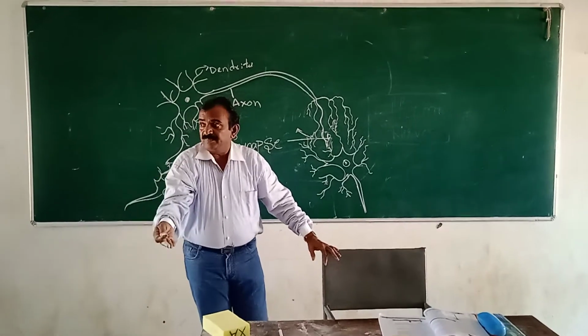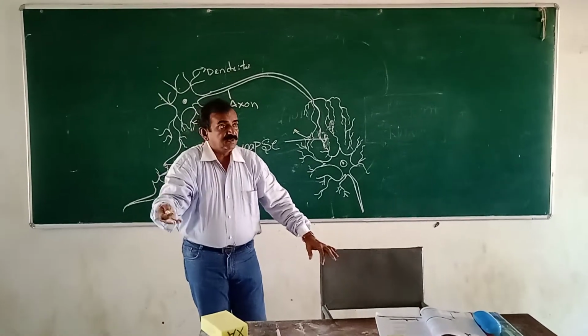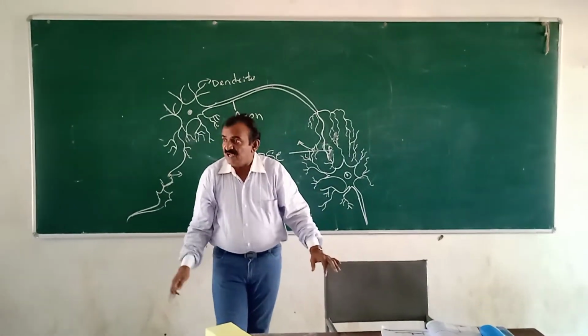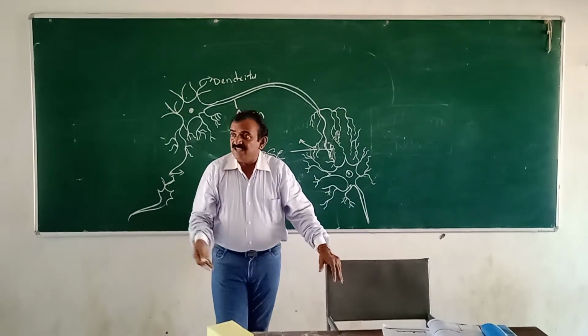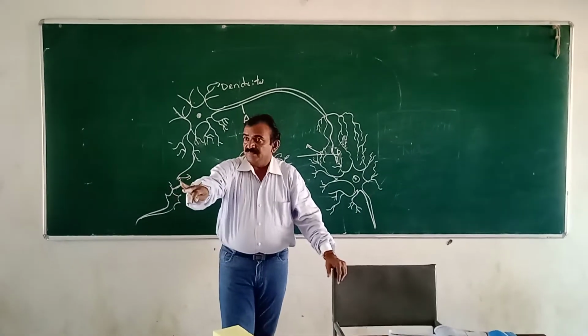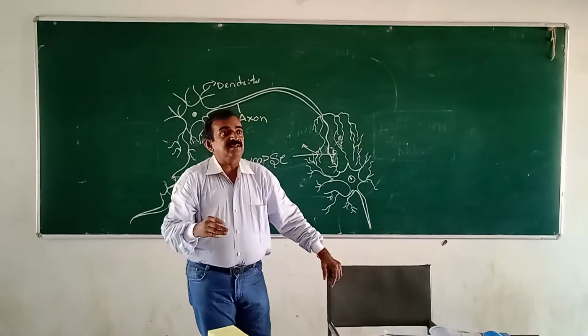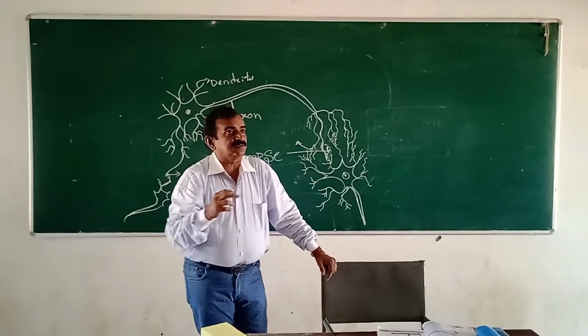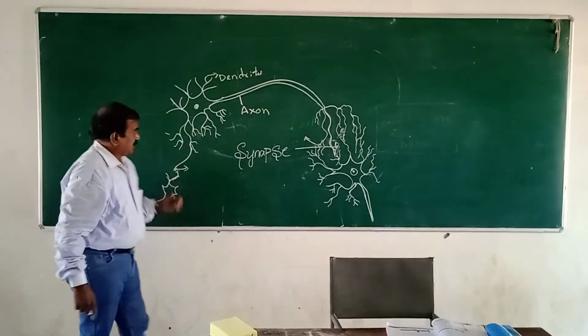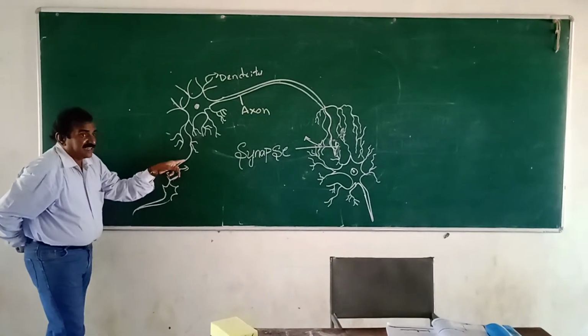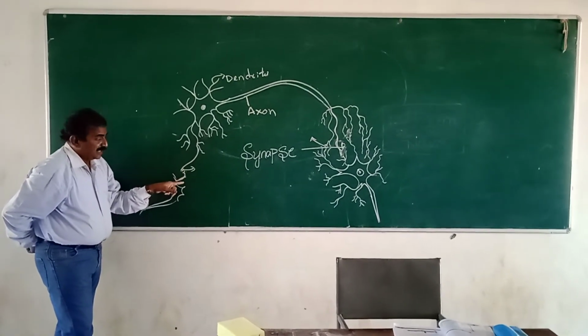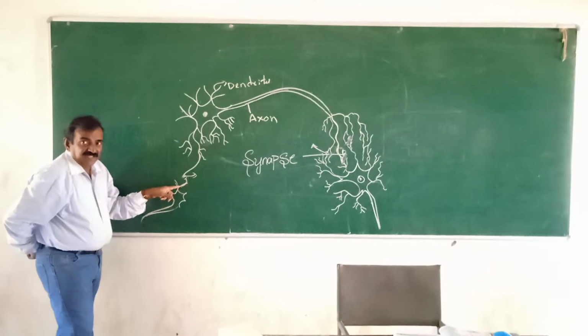It jumps. But the rabbit is not jumping. So the deer is jumping, and that is the reason the deer escapes from lions and tigers. In the same way, electrical impulses jump, and they are related to another dendrite.